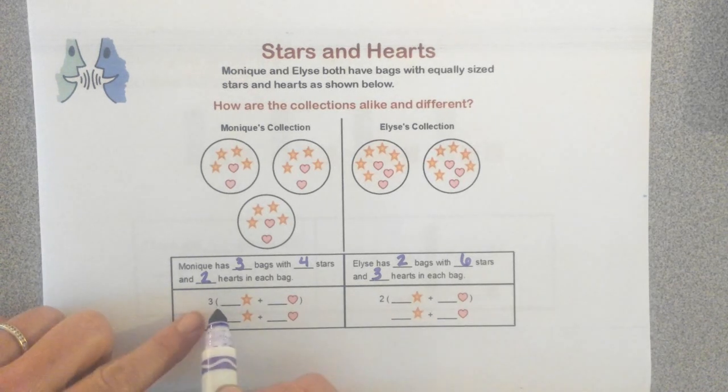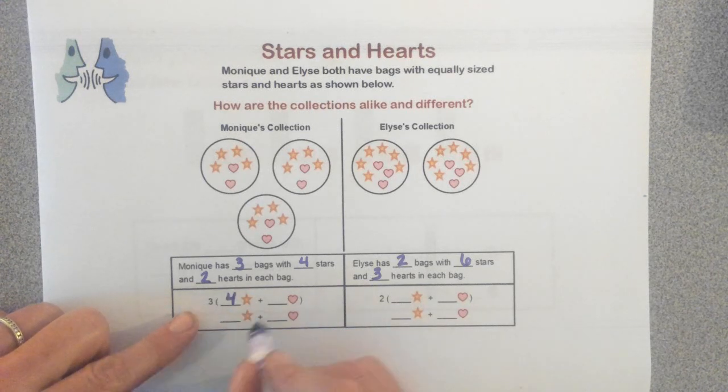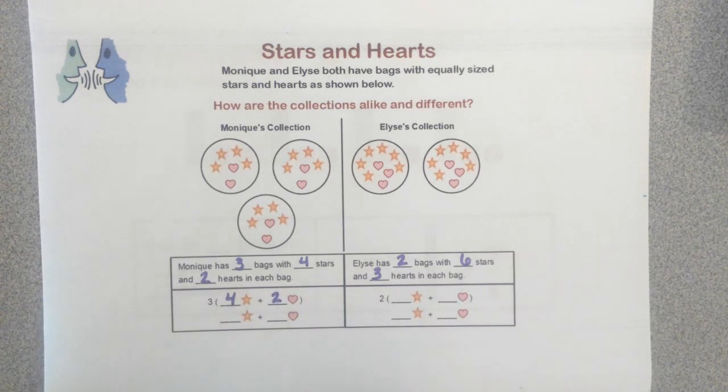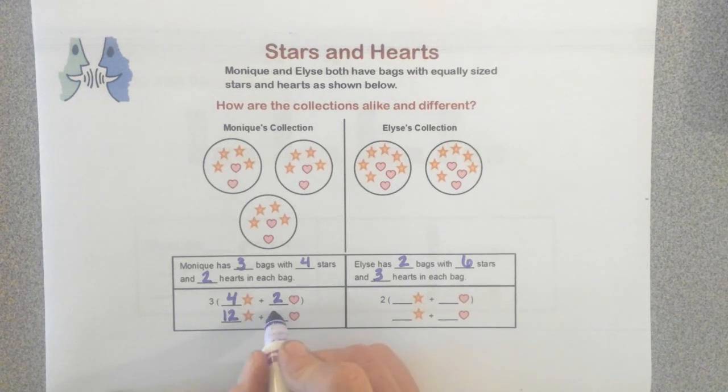So we had 3 bags with 4 stars and 2 hearts for Monique. And if I do 3 times the 4 stars, that gives me a total of 12 stars. And 3 times the 2 hearts, that gives me a total of 6 hearts.